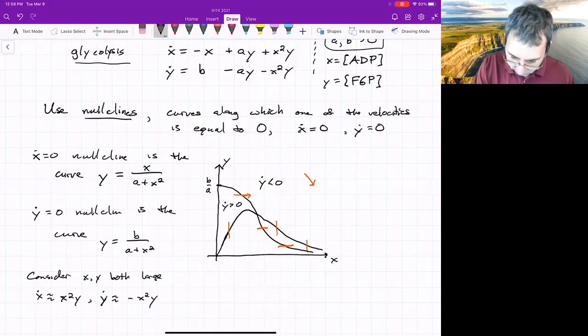And what else do we know? We know x dot. X dot in this region is greater than 0, which means below that x dot equals 0 nullcline, it's less than 0. It's sort of like a dividing line. So down here, x dot is less than 0.